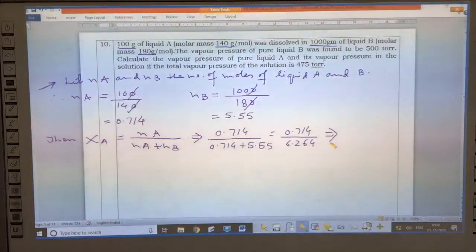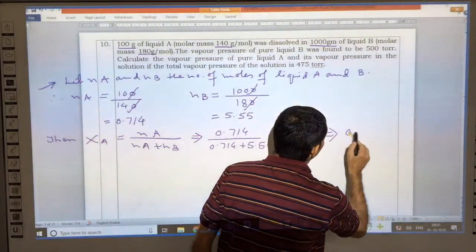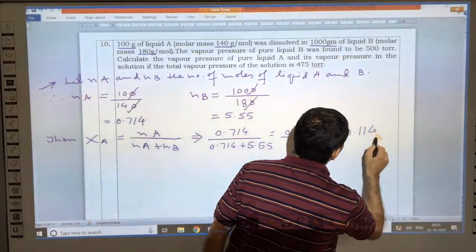Let us divide it. On dividing, we will get what? 0.714 divided by 6.264 is coming to be 0.114.